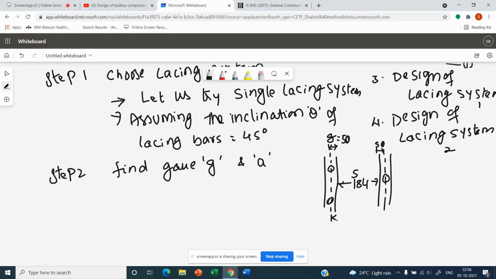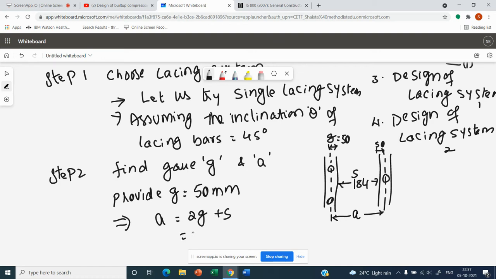And the distance between center to center of the bolt line is represented by E. Fine. So we can provide G value like 30, 40, 50. Provide G is equal to 50 mm. Then we will get the distance A as 2G plus S. So 2 into 50 plus 184.